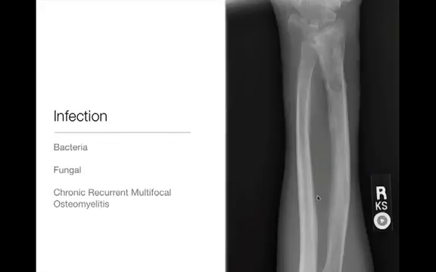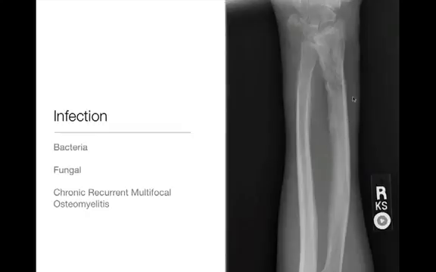Infection. So again, you can have a single focus of infection, or you can have a multifocal osteomyelitis. There's an entity called chronic recurrent multifocal osteomyelitis, usually seen in younger patients, or you can have a multifocal osteomyelitis associated with fungal infections, tuberculosis, or usually less likely a pyogenic bacterial infection, but that is possible as well too.